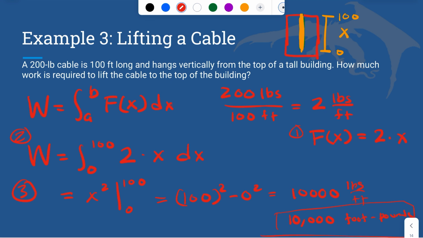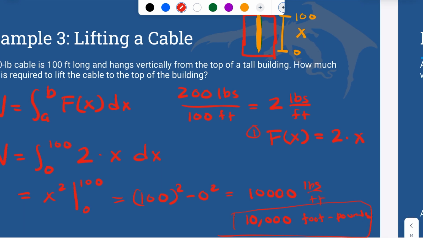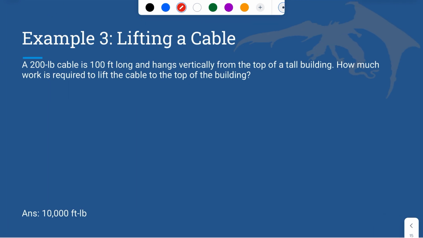Now, we could have set this problem up a little differently. We could easily look at this problem and think of it a little bit in reverse. So same formula, we have work is equal to the same thing, same deal. But imagine we now think of the top of the building as our starting point, and the bottom of the rope is our end point.